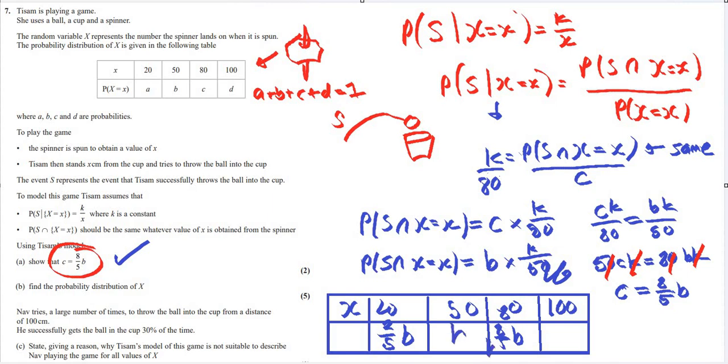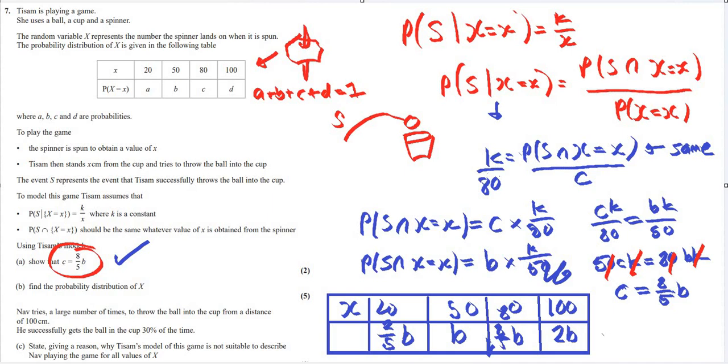I can just write B. For D, I get D when X is 100, so it's D times K over 100. Again, I rearrange that, and I get that D is equal to 2B. So now I've got everything in terms of one variable.